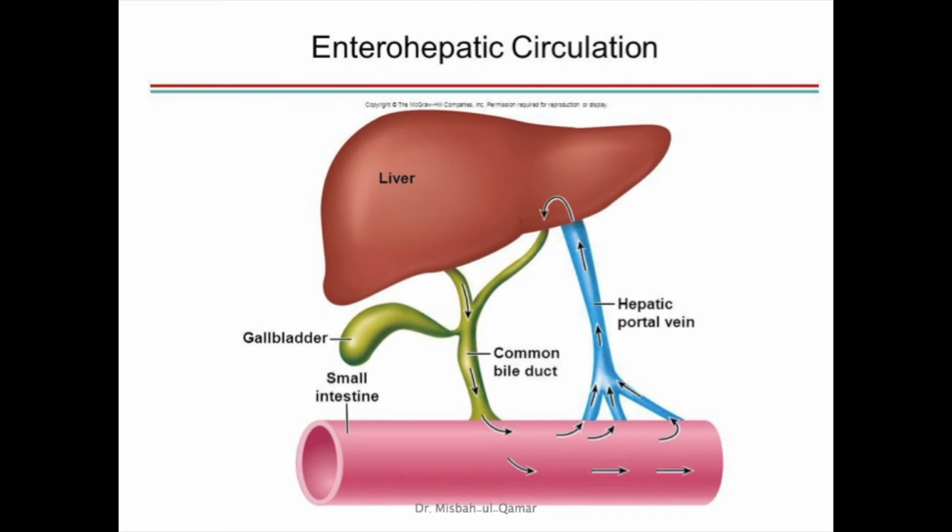Usually, the total amount of bile salts in circulation is around 2.5 grams, and for 1.1 gram per deciliter bile salt secretion from the liver.